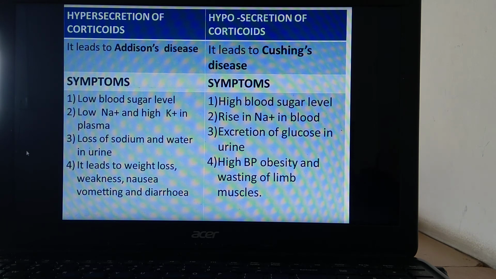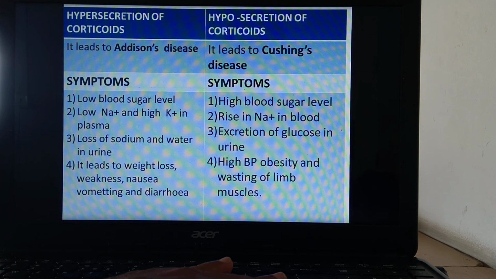Okay, so that means they are exactly opposite to each other. So hypersecretion, more secretion of corticoids, and hyposecretion, less secretion of corticoids. Hypersecretion leads to Addison's disease and hyposecretion leads to Cushing's disease. Okay, so again this terminology you have to keep in mind, it can be asked as match the following.